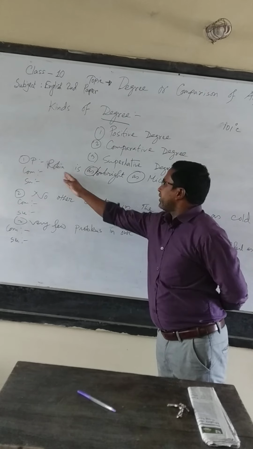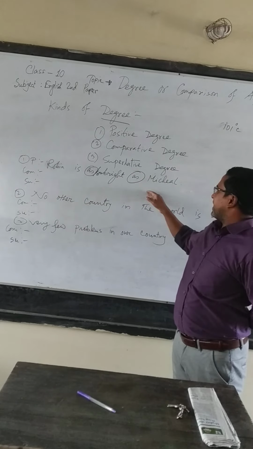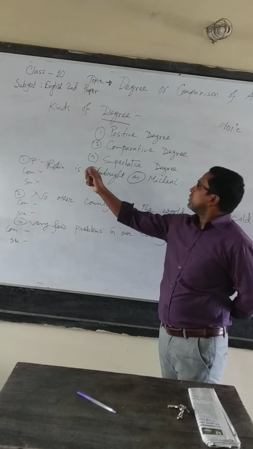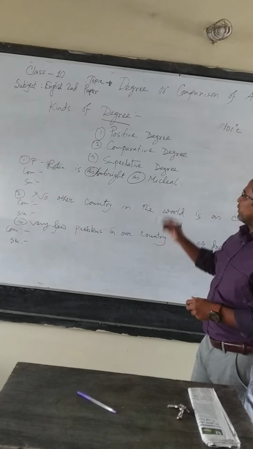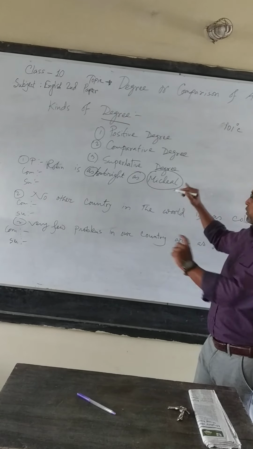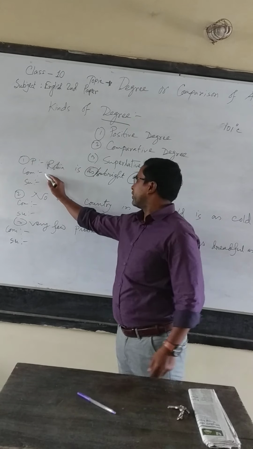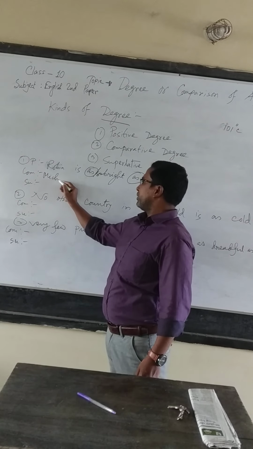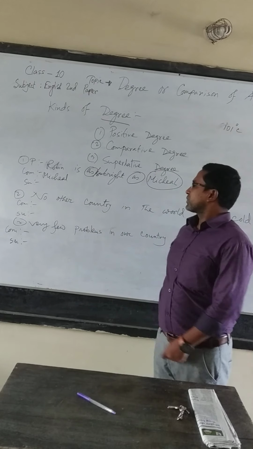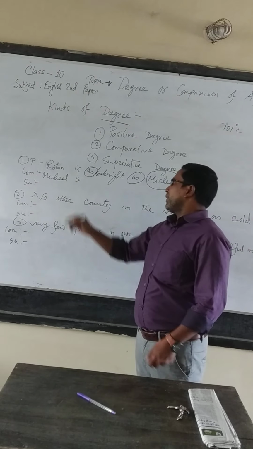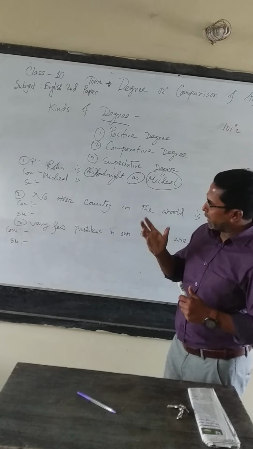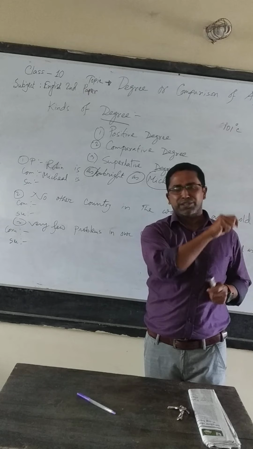What I wrote here: Robbie is as bright as Michael. Whenever I turn the sentence into comparative, the object of the positive degree will be the subject of the comparative degree. So Michael will be here. Then the verb. If the positive degree is affirmative, then the comparative will be negative.